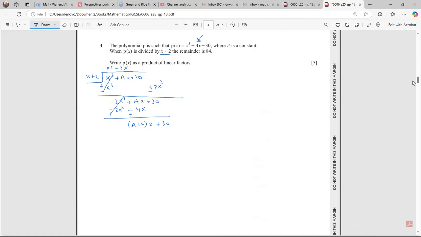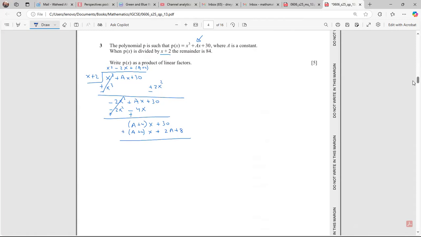Okay. Now next I will multiply it with a plus 4. This is my constant. So a plus 4 times x is a plus 4 times x, and then I have plus 2a plus 8. Okay, let us subtract.